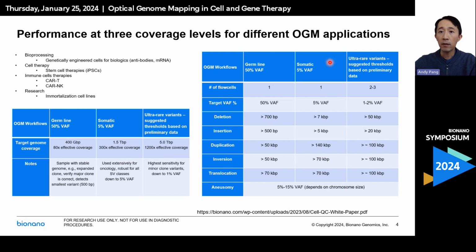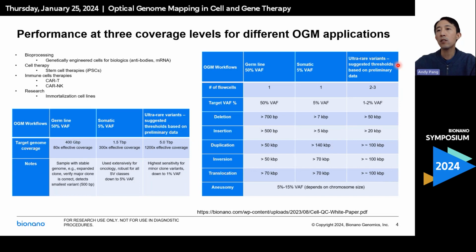With the rare variant pipeline software applied on the somatic workflow, one can identify at 5% VAF insertions and deletions 7 kb and up, as well as about 70 kb and up for the other types of rearrangements.